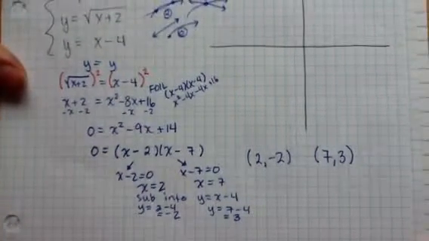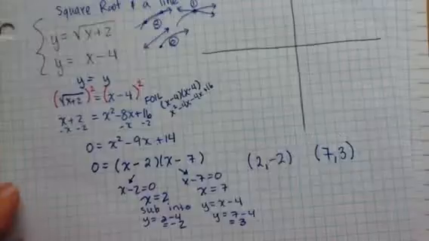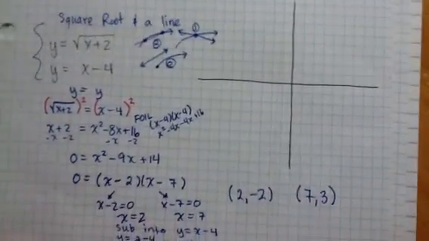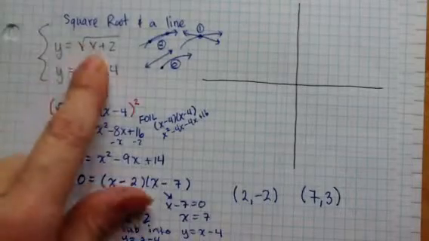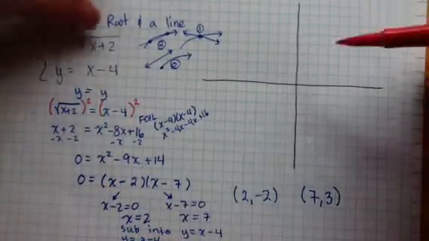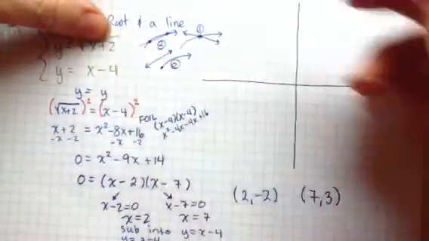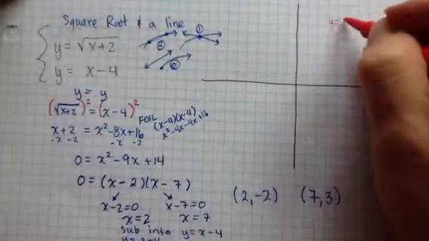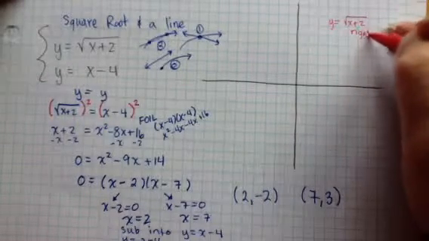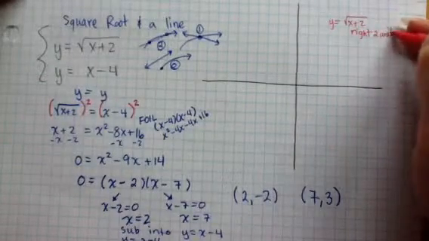Okay. Now let's see about that graph. With my square root graph, on that radical graph, I know that this is a shift right 2. So on y equals the square root of x plus 2, this is a shift right 2 units.